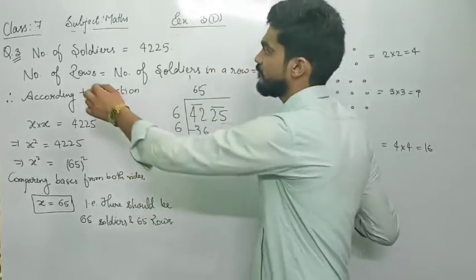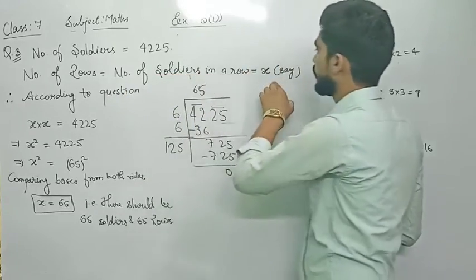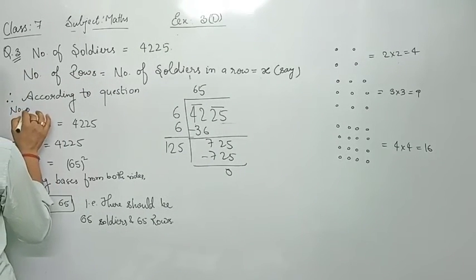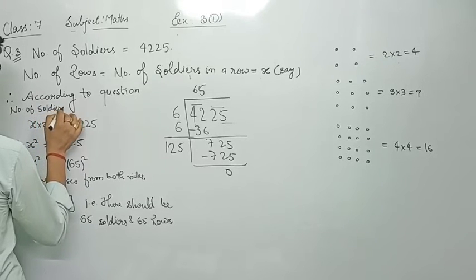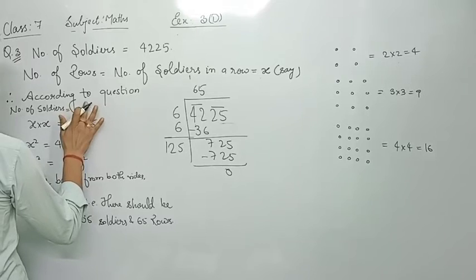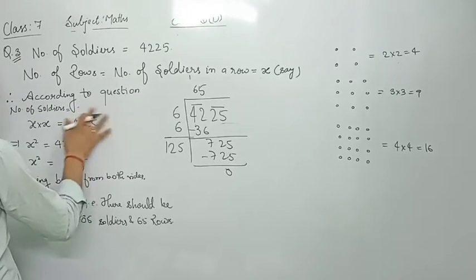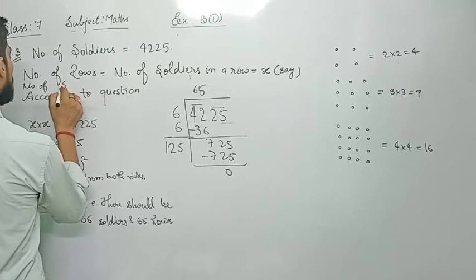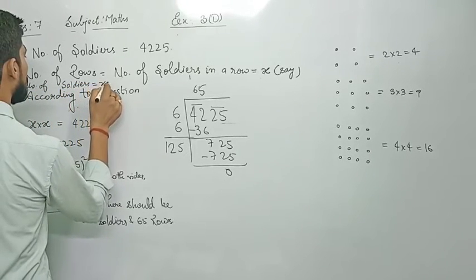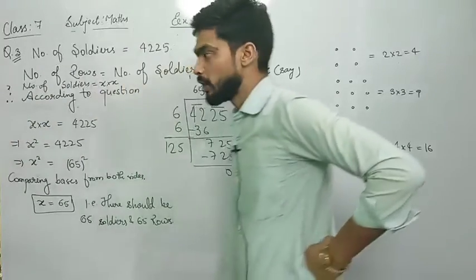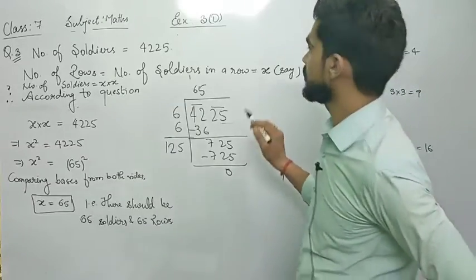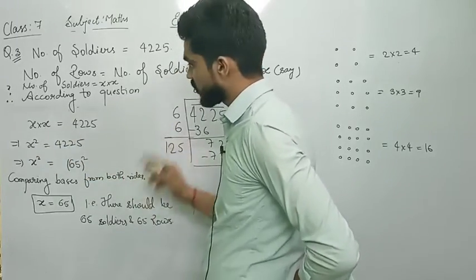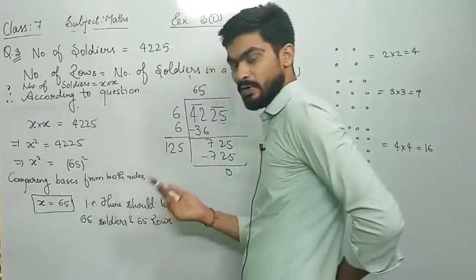You will write, let the number of rows equal to number of trees in a row equal to X. Then, according to question, this implies number of trees equal to X into X, given X into X equal to 3,364. Then you find that square root and you write here. That will be your answer.